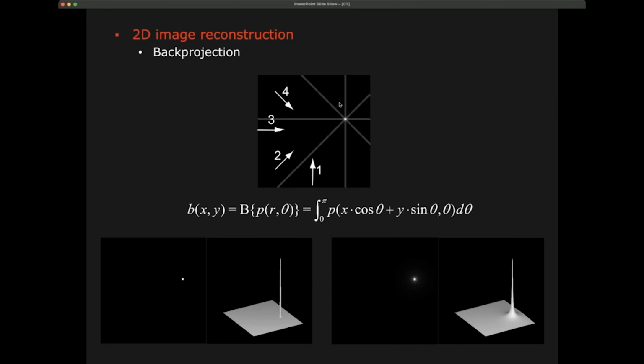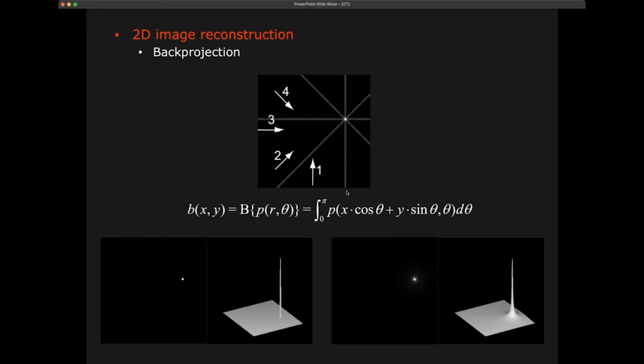And what you know is that the measured projection has to come from this line. So we measured this high value here. So we know for sure that this high value comes from a point that absorbs, that was somewhere on this line. However, we don't know where.